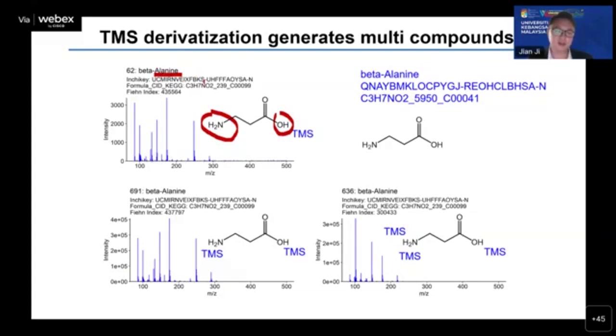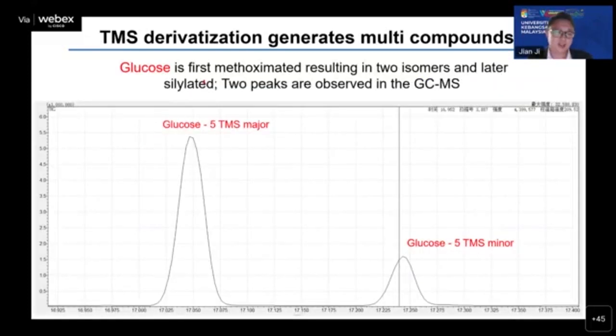One of the most complicated cases is glucose in GCMS detection. The glucose will be methoximated to two different isomers, and then after silylation, you will get two different peaks. One we call major, the other minor.